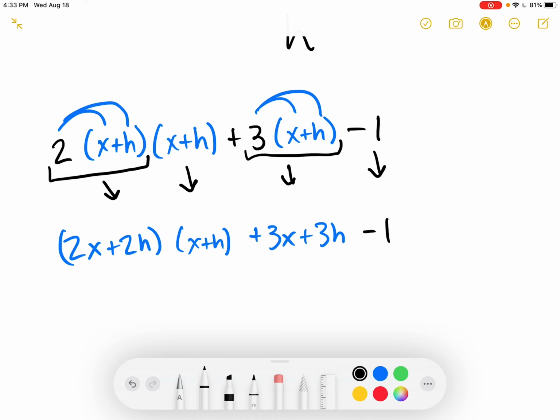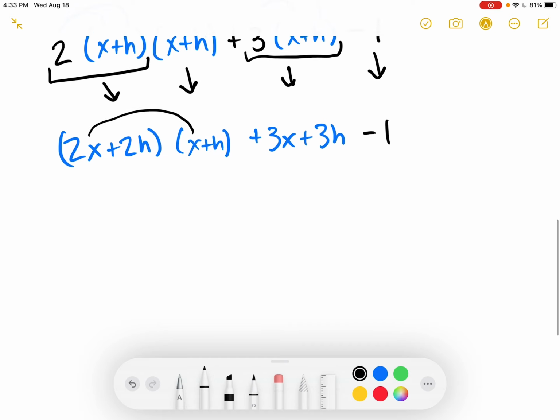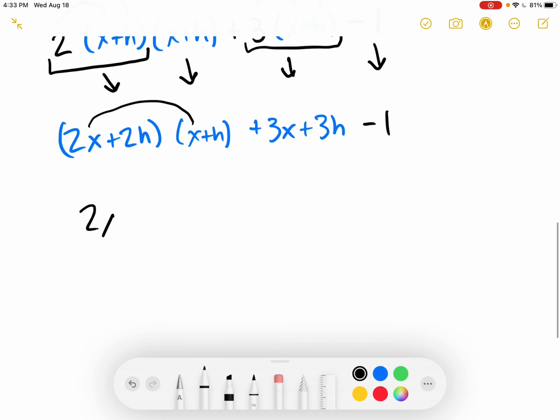Okay, so next I'm going to distribute these two together, right? And that's going to be the last step in expanding. Well, combining like terms, but we'll get to that in a second. So 2x times x is going to be 2x squared, right? 2x times h is going to be plus 2hx.